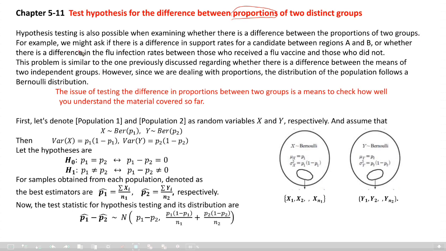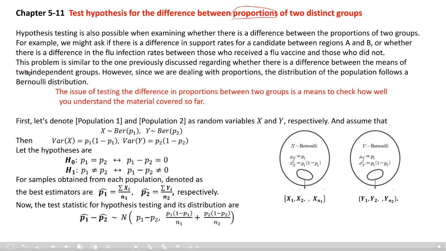For example, we might ask if there is a difference in support rate for a candidate between region A and region B, or whether there is a difference in the flu infection rate between those who received a flu vaccine and those who did not.